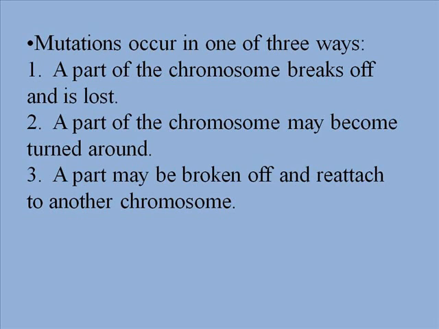In each of these cases, where it is lost, where it flips around, where it reattaches to another chromosome, all of these change the genetic code. So it's going to change the order of the way the A's, the T's, the C's, and G's line up on your DNA strand.